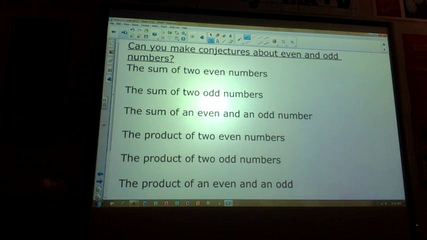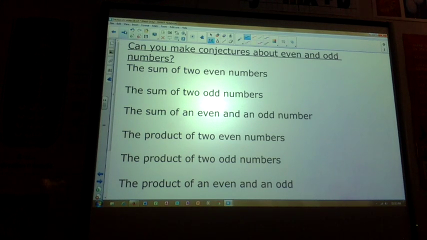Can you make conjectures about even and odd numbers? The sum of two even numbers. What's an even number? 2, 4, 6, 8, 10. So if I add two even numbers together, say like 8 and 20, I get 28. Is 28 even? Yeah.